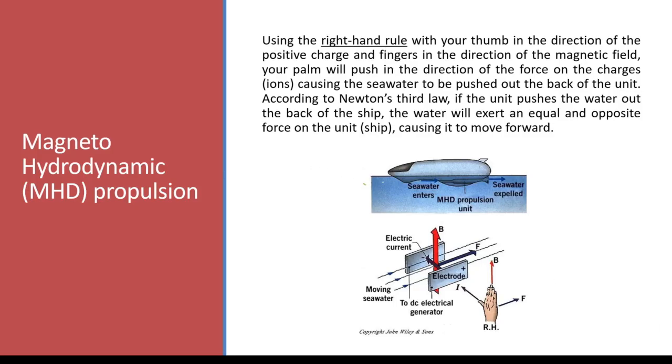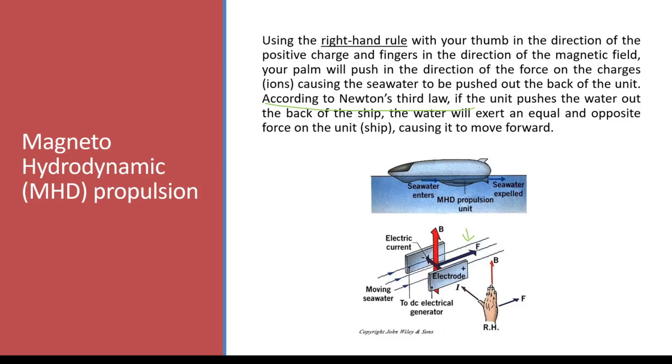And so, as we said, the right-hand rule applies for this, and so when it expels this water in this direction, it's pushing this seawater out, expelling in the direction of the force from our right-hand rule.